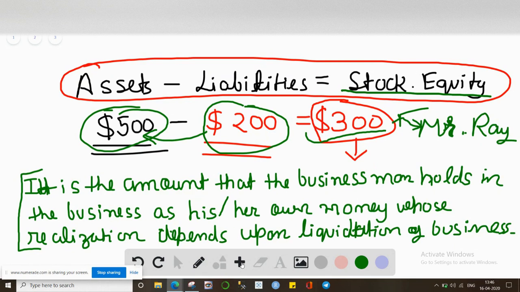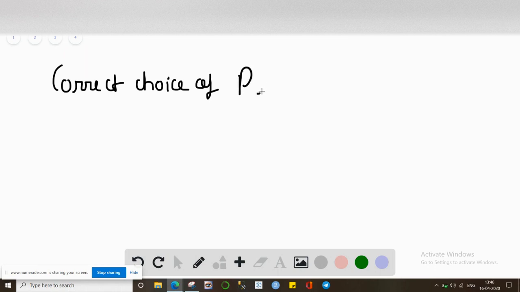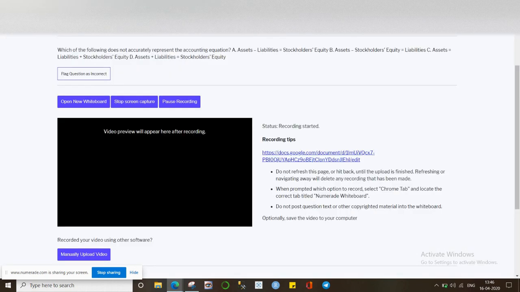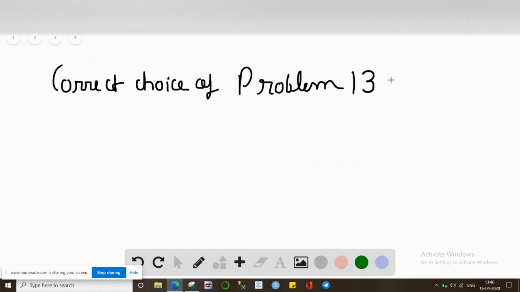So the correct choice of problem 13 is D. How D?